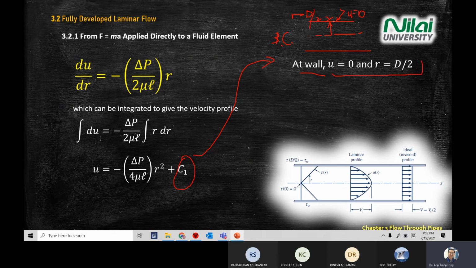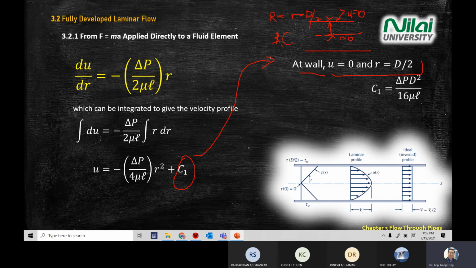Meaning you look at one point, what is the value of velocity? That location usually is represented either by R equals 0 at the center, R equals D divided by 2 at the wall, or R equals capital R at the wall.